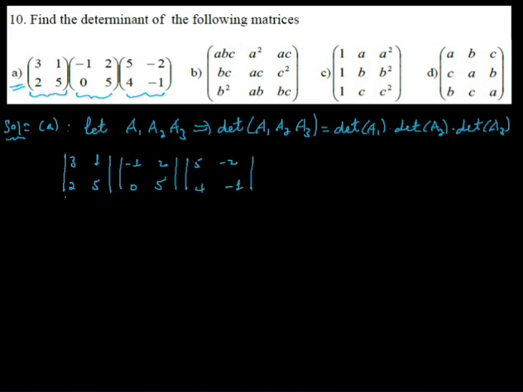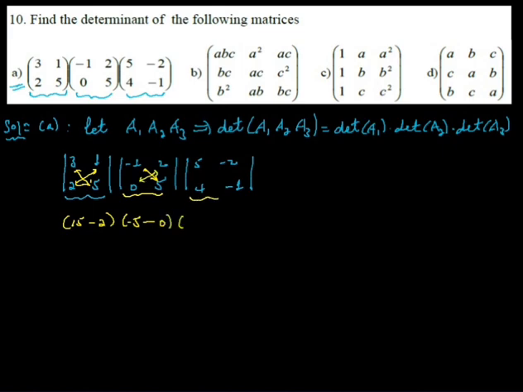Okay, the determinant of the first part: 3 times 5 is 15, minus 2 times 1 is 2, so 13. And the determinant of this part: -1 times 5 is -5, minus 0 times 2 is 0, so -5.